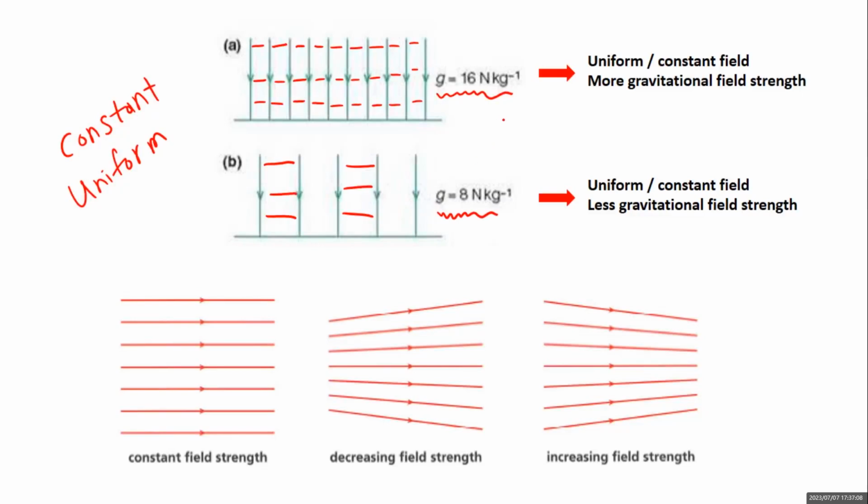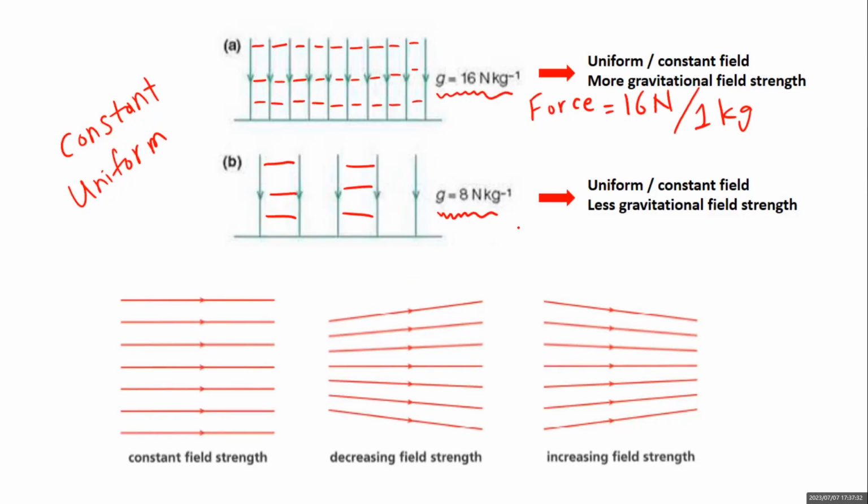So what does this mean? This means that in the first diagram, an object kept near the surface will experience a force of 16 Newton per kilogram, which means that per kilogram, or per unit mass, of the object is going to experience a force of 16 Newton.